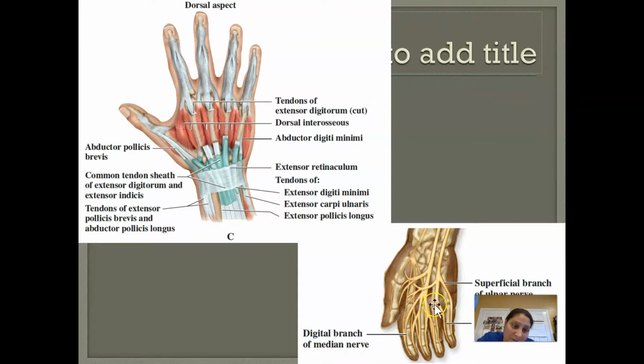So we've got our nerves: radial nerve, ulnar nerve, median nerve. And then up here on the dorsal, we've got our extensor retinaculum.